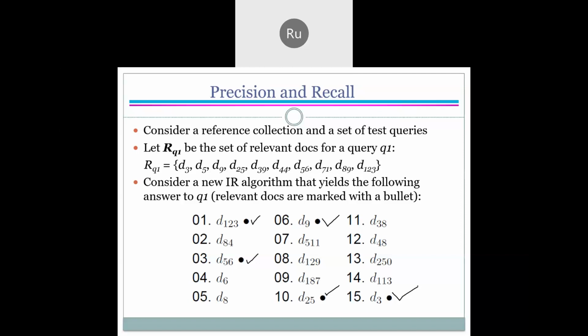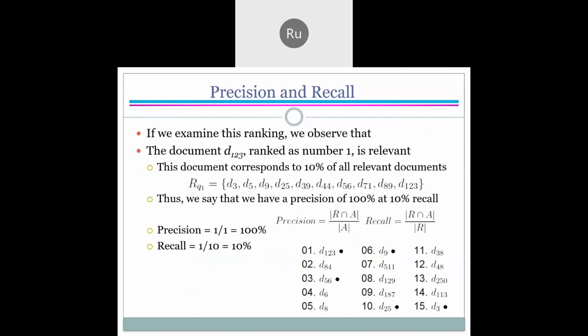First, we have to look at what are the values for the precision and the recall for each position that we have marked with the black dot here. So if we move to the next slide, if we investigate this one, we have all the relevant documents as D3, D5, and so on. So these are all the relevant documents that we have.